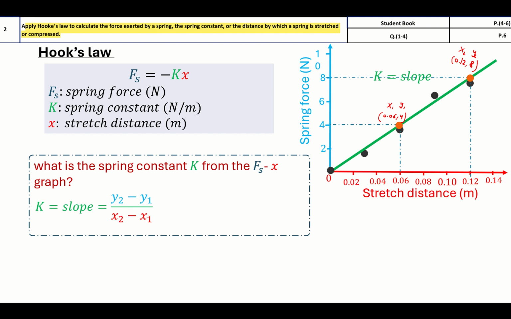You're going to say y2 minus y1, so 8 minus 4, divided by x2 minus x1, which is 0.12 minus 0.06. It's going to give you 67 newtons per meter. That means that this spring exerts 67 newtons of force for each meter of stretch, or for each meter of compression.